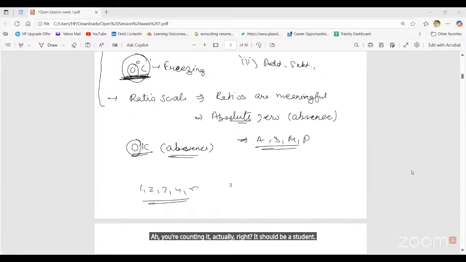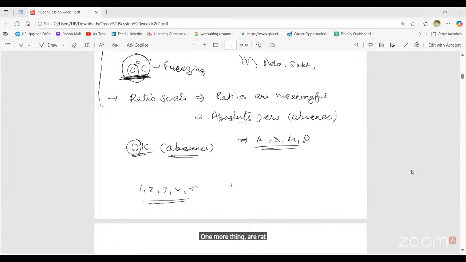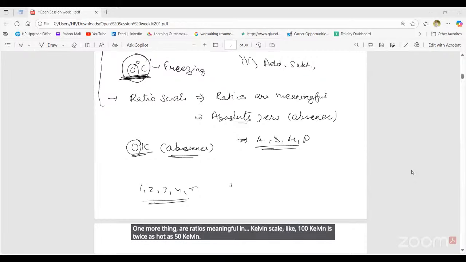One more doubt about the Kelvin scale. There is an absolute zero in the Kelvin scale, you taught. One more thing: are ratios meaningful in the Kelvin scale? Like 100 Kelvin is twice as hot as 50 Kelvin. Is that correct?